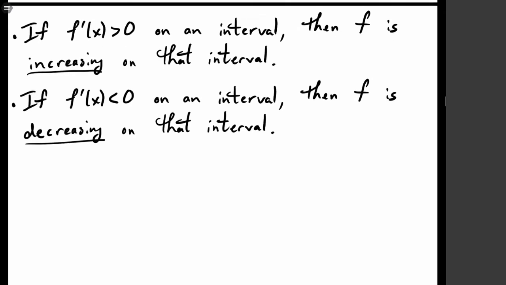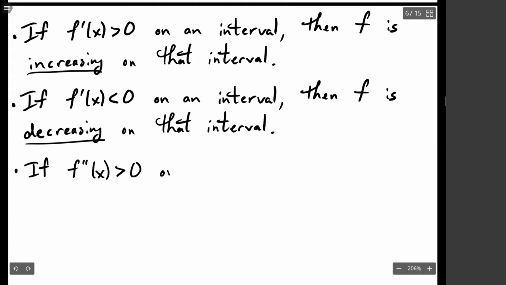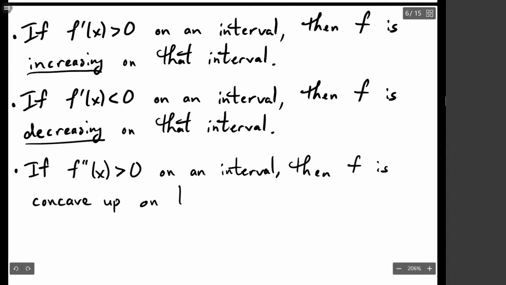Now let's look at something else here. Going to the second derivative. If f double prime of x is positive on an interval, then f is what we called concave up on that interval.